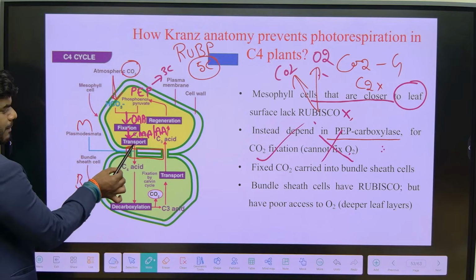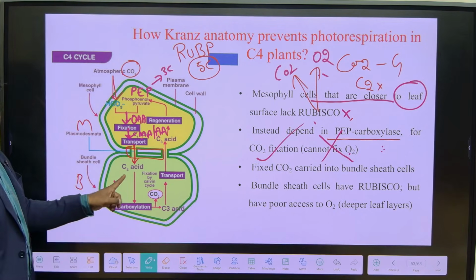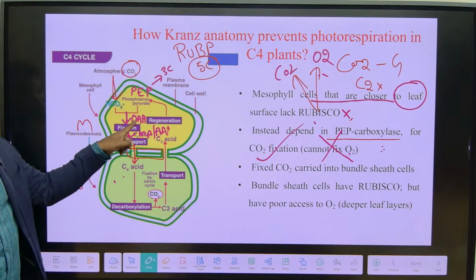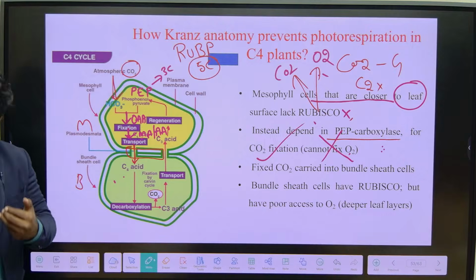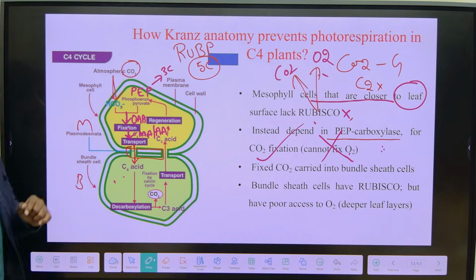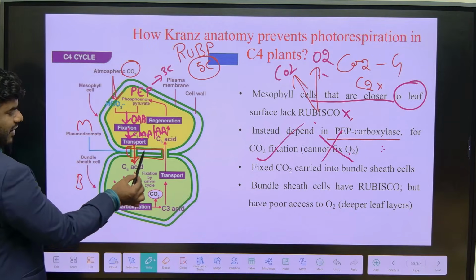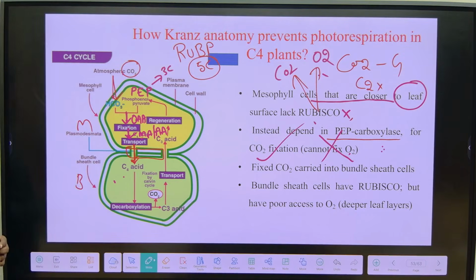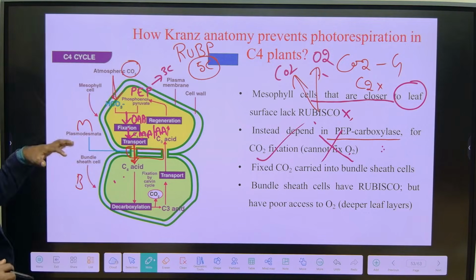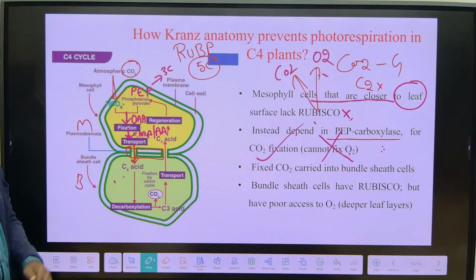So initially malic acid enters into the bundle sheath cell. Malic acid is how many carbons? Oxaloacetic acid is how many carbons? 4. It is just converted into another form of acid, malic acid, that is also a 4 carbon. Now where does the malic acid enter? Bundle sheath cell. Correct? So malic acid is how many carbons? 4 carbon.